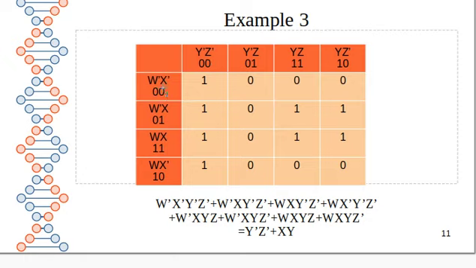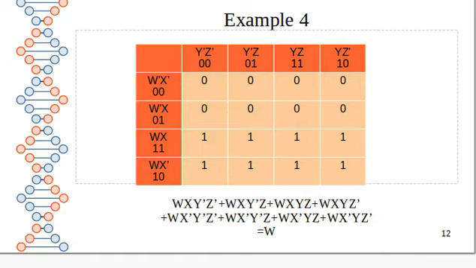W and x are changed here, all of the values. So we put y bar z bar for this square, and for this square we can see that x is not changed, w changed, so we dismiss the w value. X is here and y is here, z is changed, so it will be dismissed, so we put x and y here. So these 8 values will be minimized to only these 2 terms.